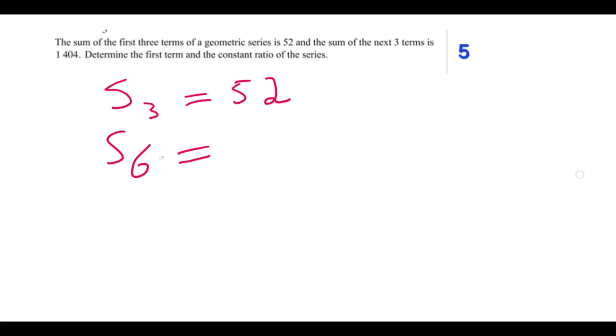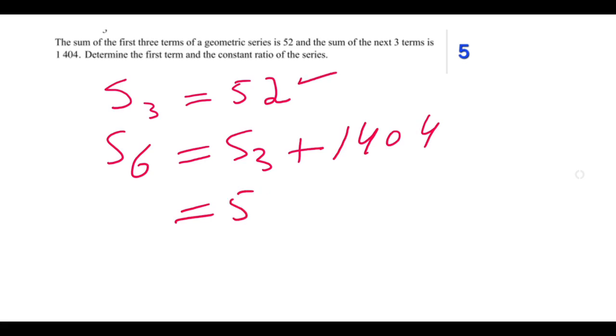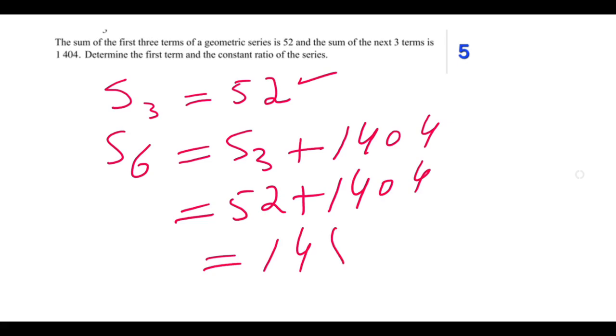So S6, the first six terms, means S3 plus the next three terms, whose sum is 1404. S3 we already got equal to 52. So 52 plus 1404, the total will be 1456. So this is your S6.